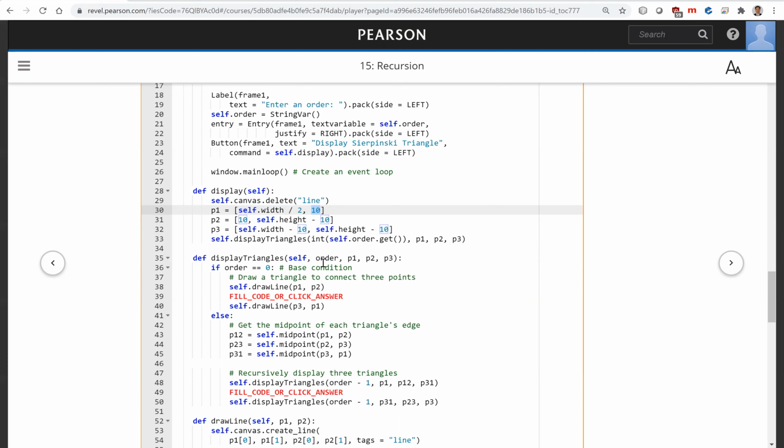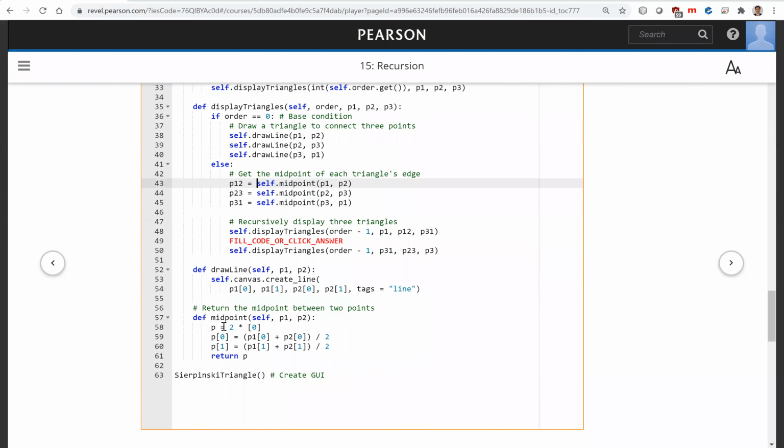If the order is 0, you draw 3 lines connecting the 3 points to make the triangle. So this is self.drawLine of P1 and P2, then P2 and P3, then P3 and P1. And here you get the midpoints with self.midpoint.